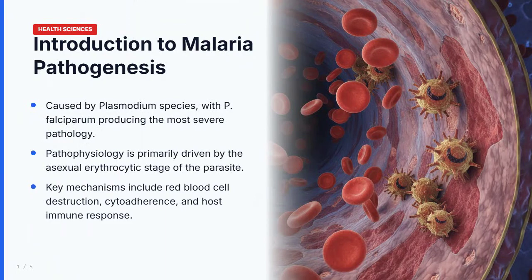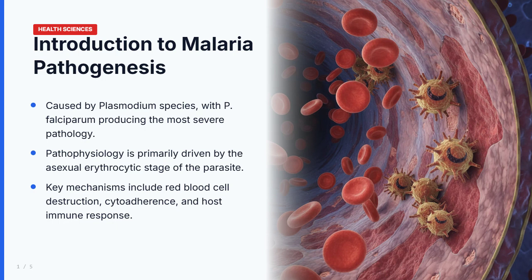I am your instructor, and it is my privilege to guide you through a topic of immense clinical relevance in our region, the pathophysiology of malaria. When we analyze this disease, we must look beyond the fever and understand the microscopic warfare occurring within the host. While we recognize various Plasmodium species, it is Plasmodium falciparum that demands our utmost respect due to the severe pathology it produces.